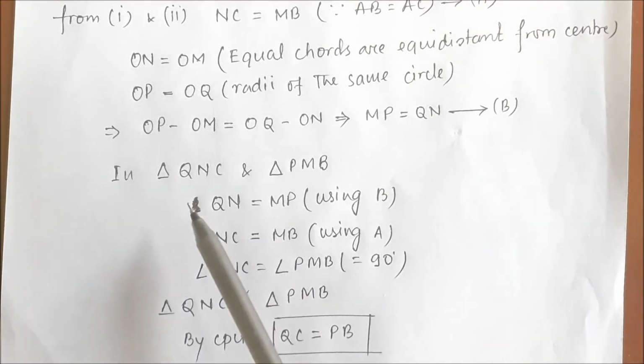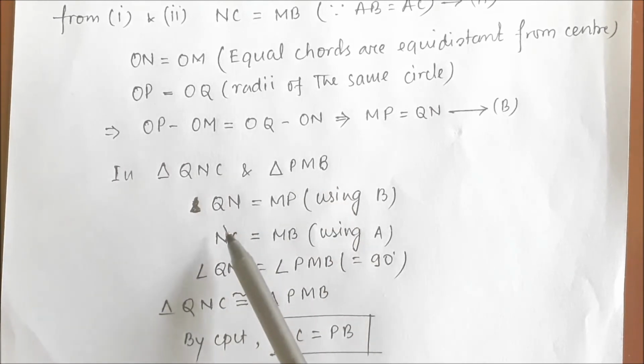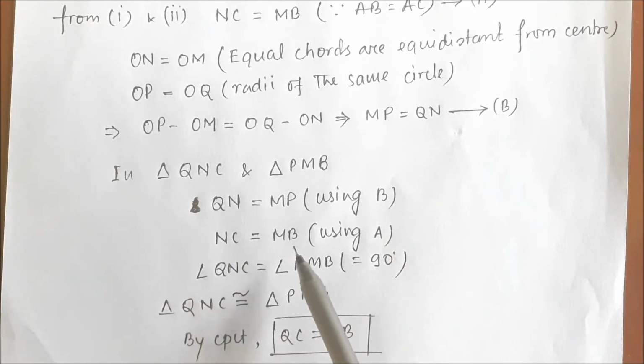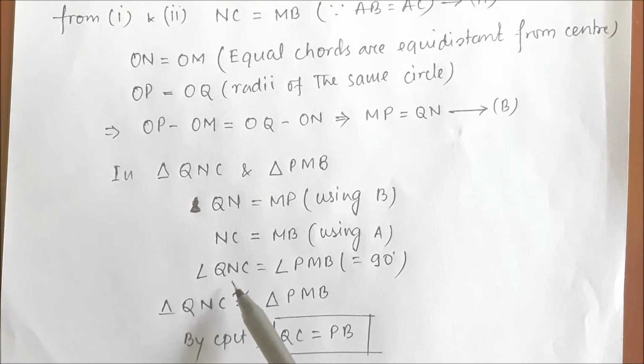Now, we consider the triangles QNC and PMB. So, QN equals MP using B, NC is equal to MB using A, and one angle is given as 90 degrees. Therefore, these two triangles are congruent to each other, and by CPCT we can say that QC equals PB.